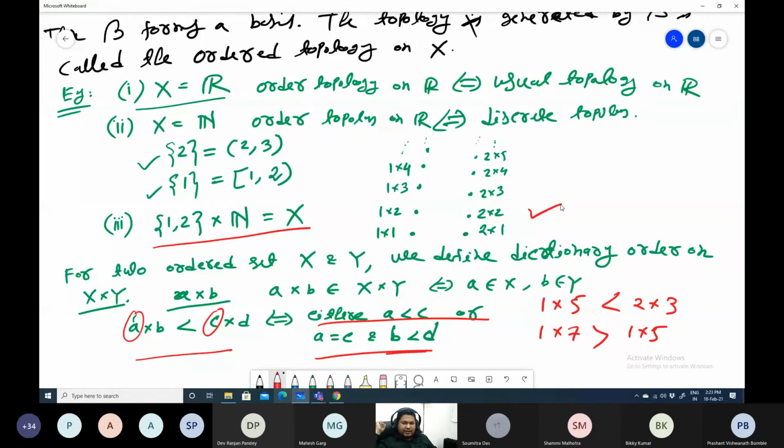So why is this discrete? Singleton set is open. Right. So what is my 1 cross 1? That is a singleton. What is my 1 cross 1?